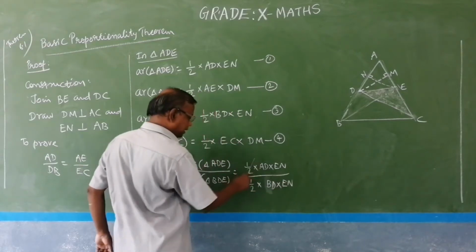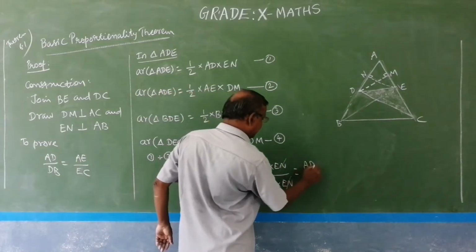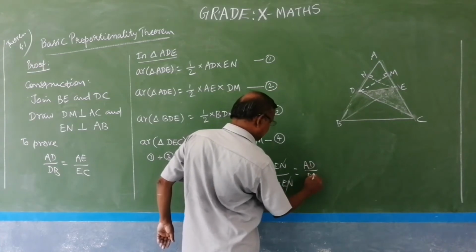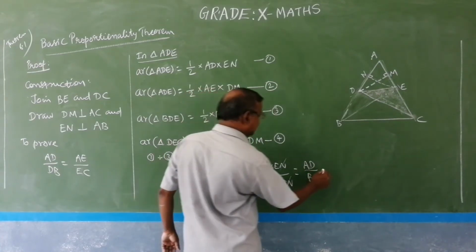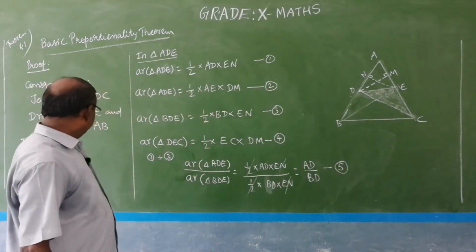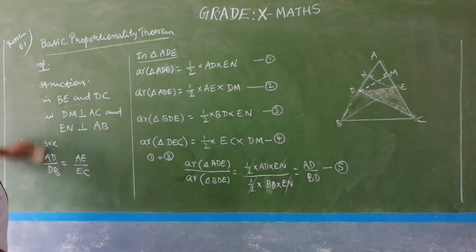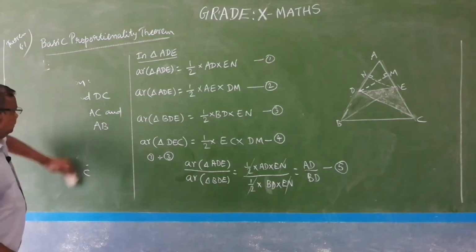So we can eliminate half and EN, which gives AD by BD. Say this is 5. And let us use this part for another proof.